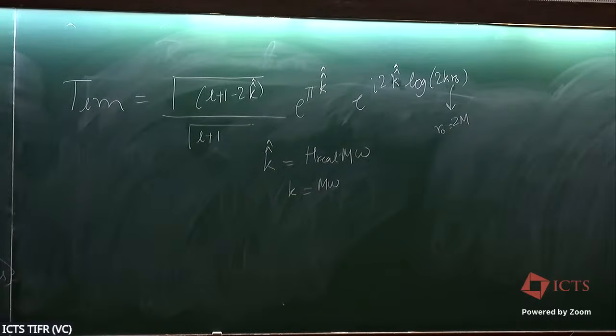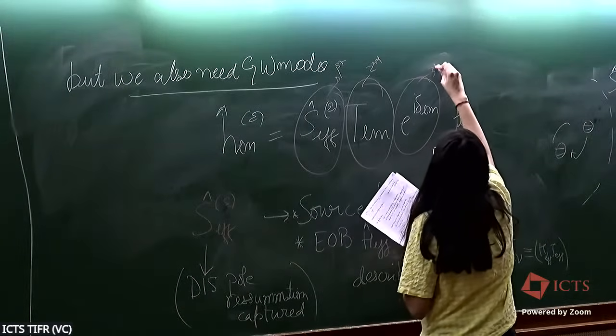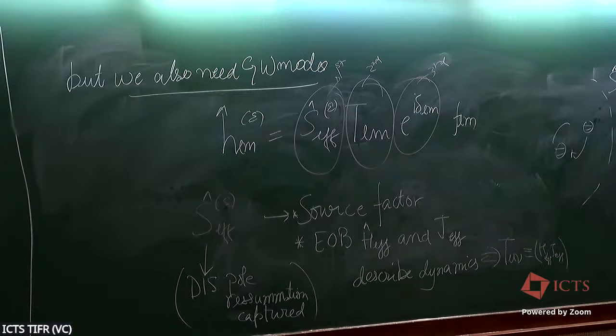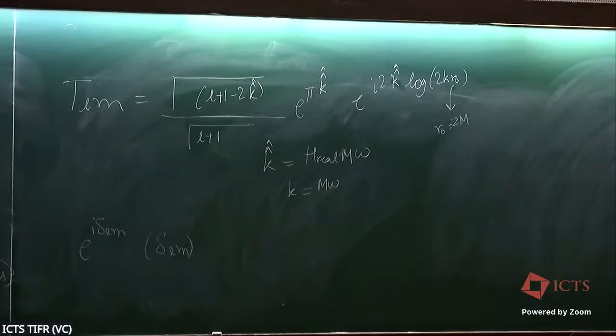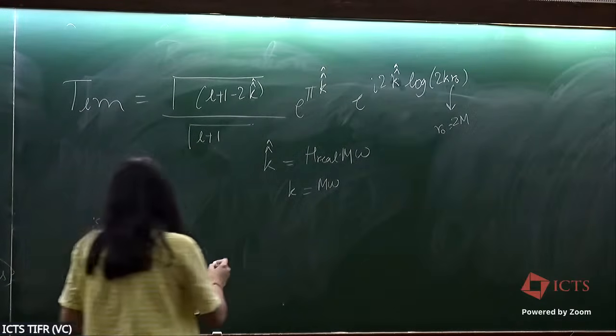Now let's look at the third factor, this exponential i delta lm. It captures all the remaining subleading terms that we didn't capture here, which could be subleading logarithms or any other effect.